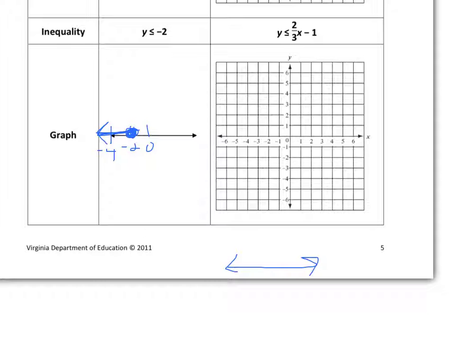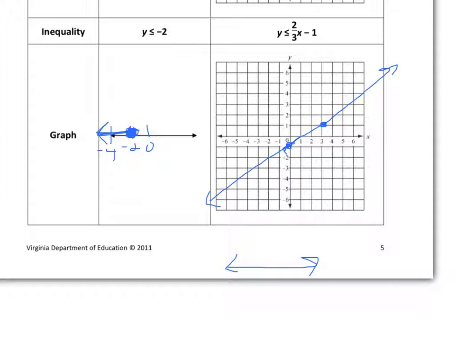So a filled in dot here becomes a filled in line on the right. So I'm going to go ahead and graph. So starting at my y-intercept of negative 1. Okay, and then my slope here is 2, 3. So I'm going to rise 2, run 3. Okay, and this gets a filled in line.